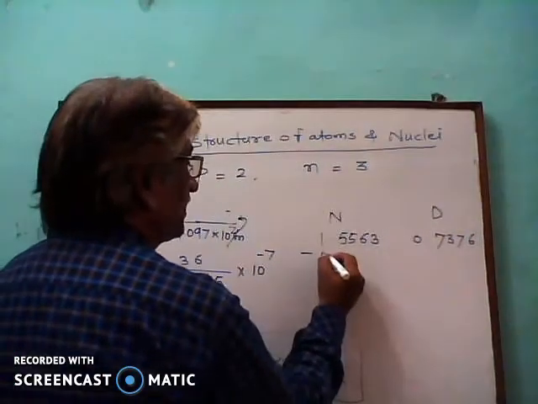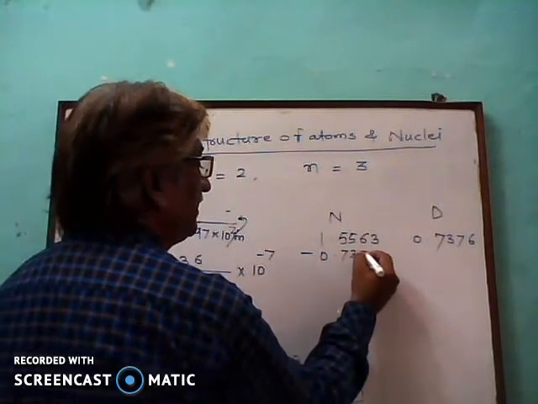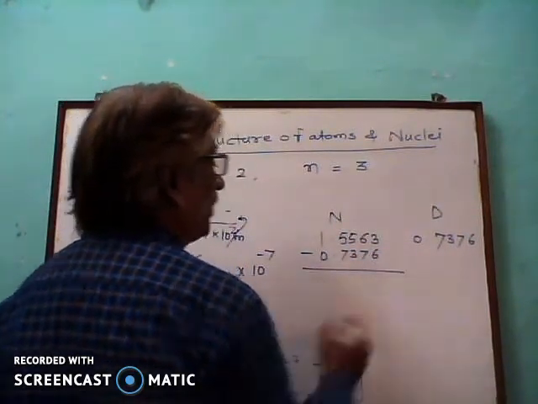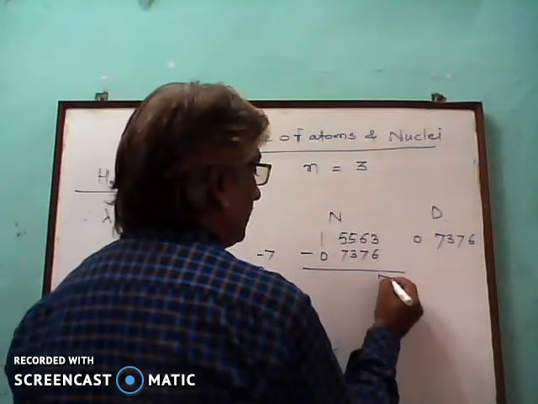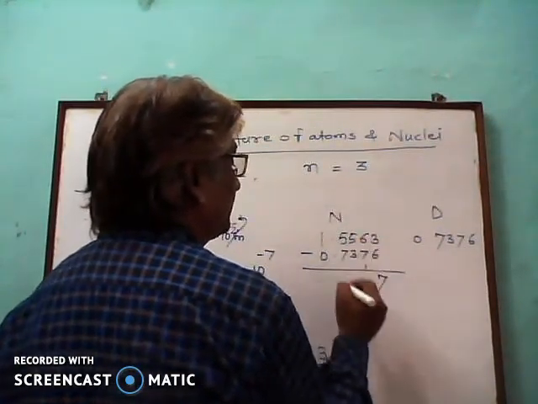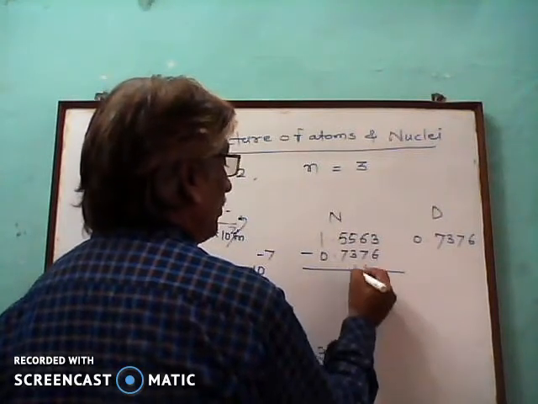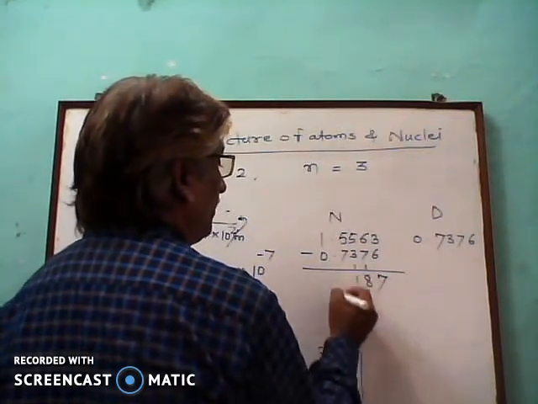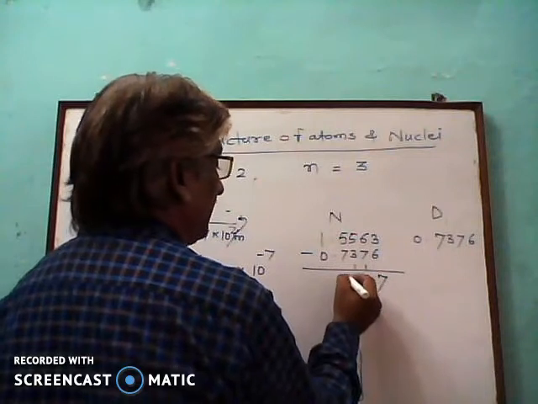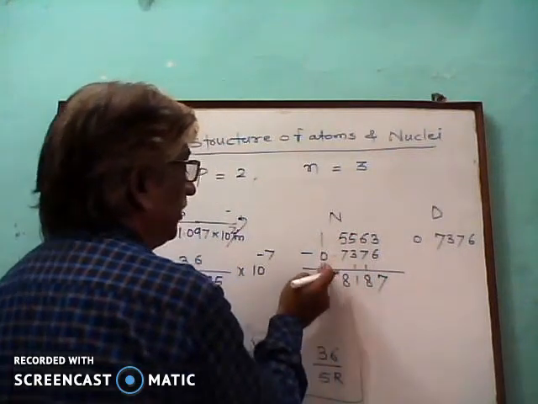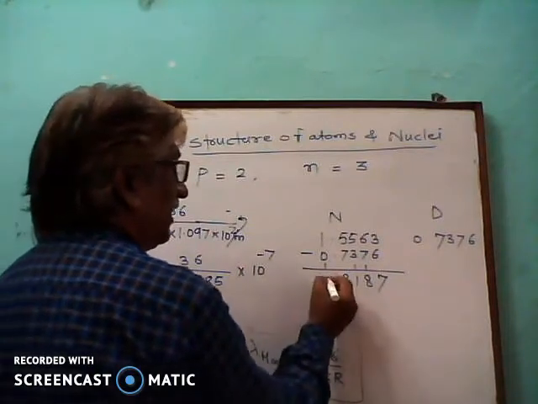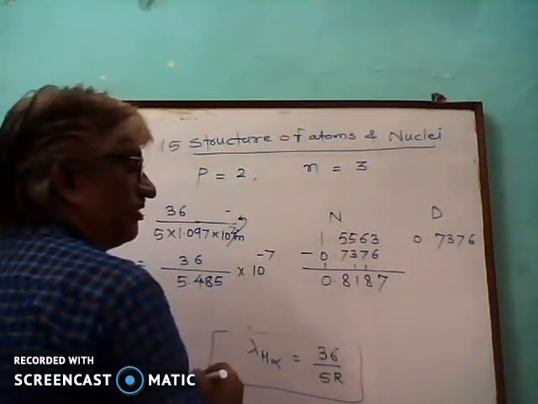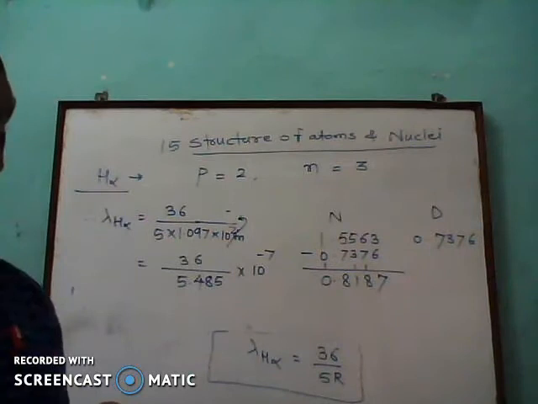If we subtract 0.7376 from 1.5563, from 13, 7 remains; from 16, 8 remains; from 5, 1 remains; from 15, 8 remains. 1 minus 1 gives 0, so the result is 0.8187.